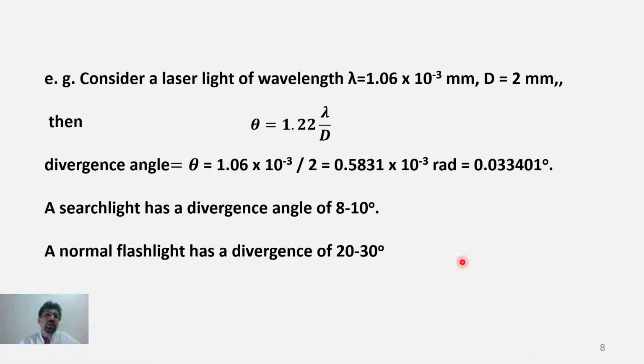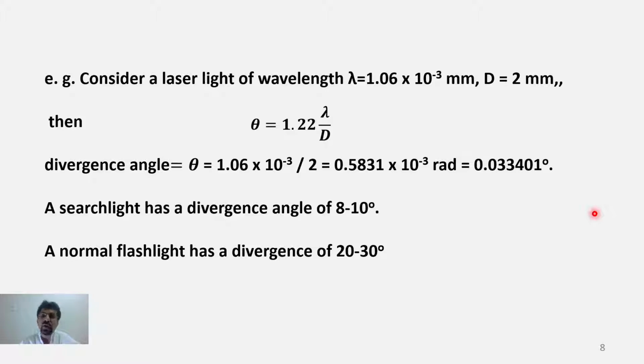Now consider a light of wavelength lambda equal to 1.06 times 10 raised to minus 3 nanometer. The diameter of the beam is 2 millimeter. Now by using the formula theta equal to 1.22 times lambda divided by d, and substituting these values, the divergence angle is equal to 0.5831 times 10 raised to minus 3 radians.